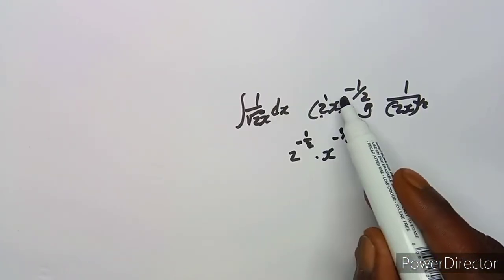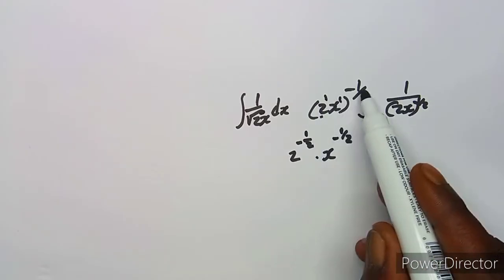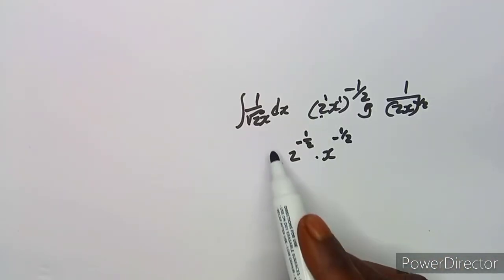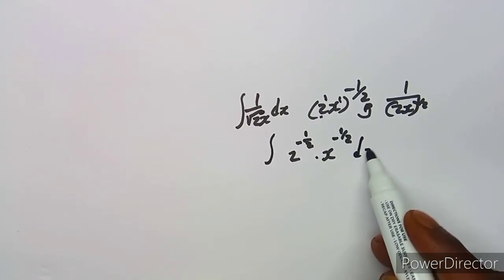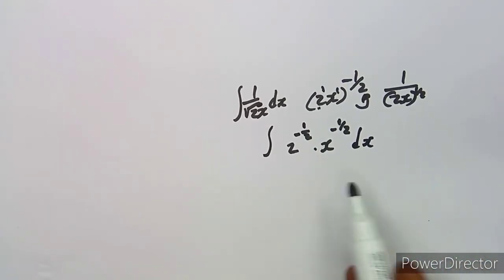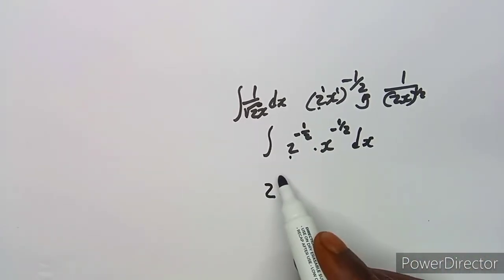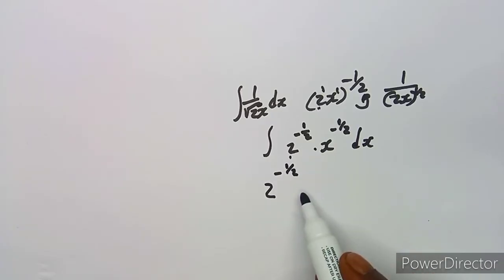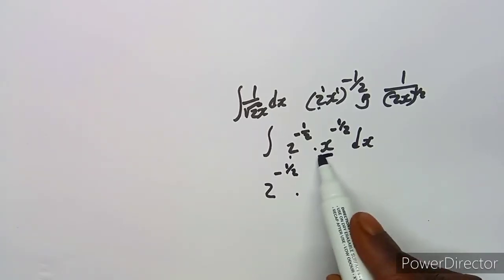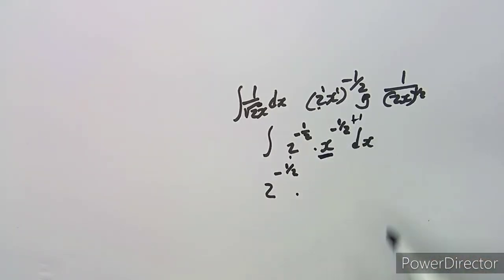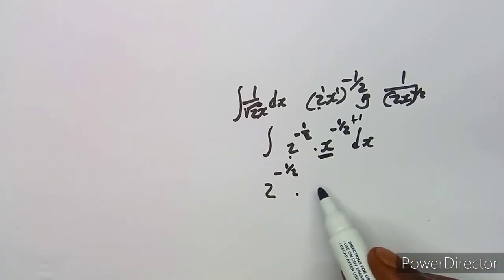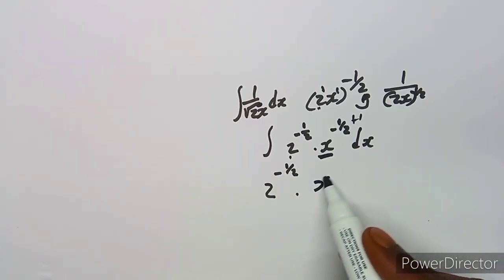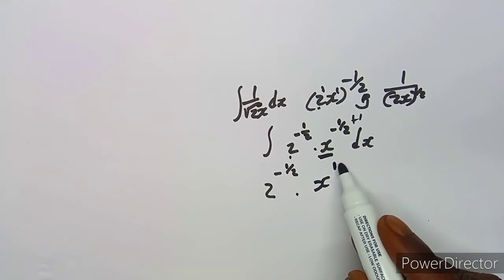Remember, from your laws of exponents, you're going to multiply these two like that. So that is what you're going to integrate. All right, so we have got 2 to the exponent of minus half multiplied by, if we integrate this, remember we add 1 to the exponent, which is going to give us x to the exponent of a half, if I'm not mistaken there.